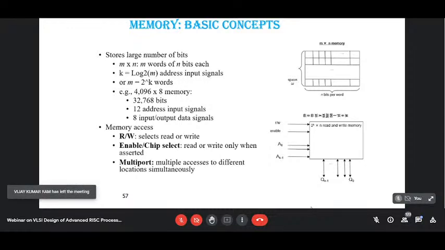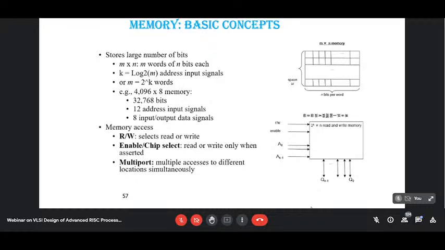However, there is another type of memory called dual port memory, where the data can be accessed from memory by two processors simultaneously, except for the same locations. Anyway, we are dealing with this normal memory, where at a time only either a read or write operation can be performed. So for Intel, read bar and write bar are two separate lines.